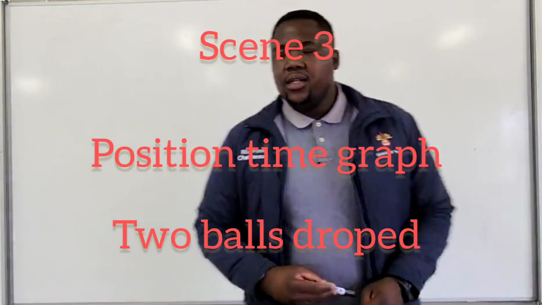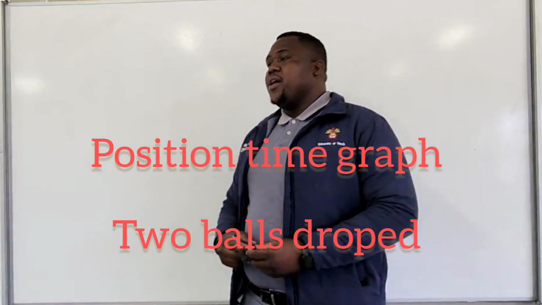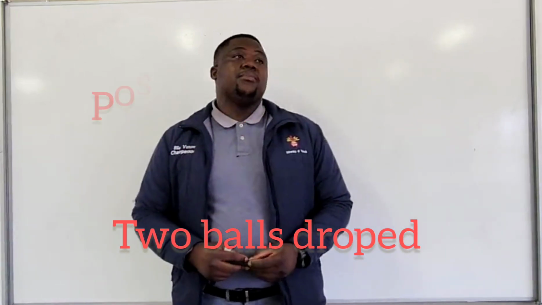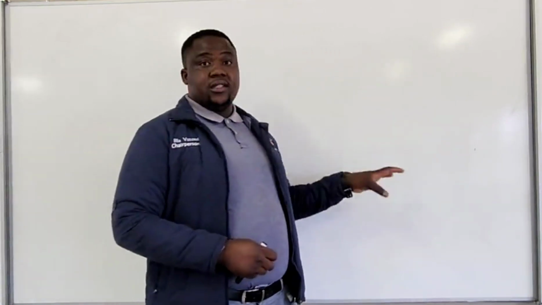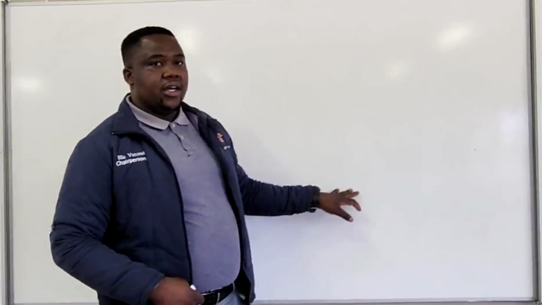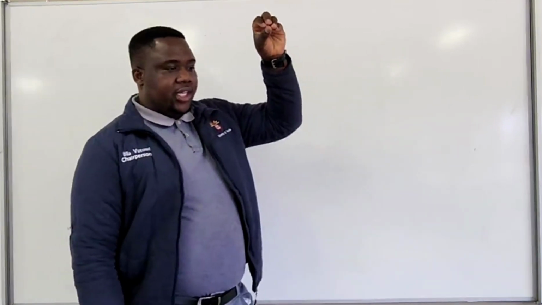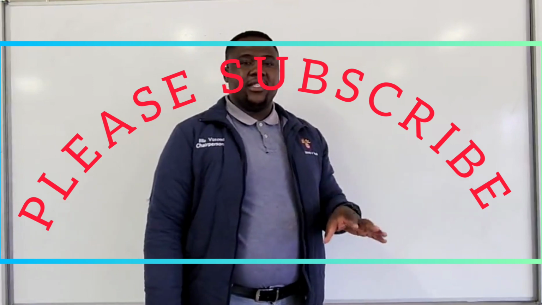Okay. Now I want to give you the second scenario for position time graph. You saw that first scenario which I just gave you. I hope you were able to see how I demonstrated it. Now I want to demonstrate a situation whereby we have two objects that are dropped at different times.